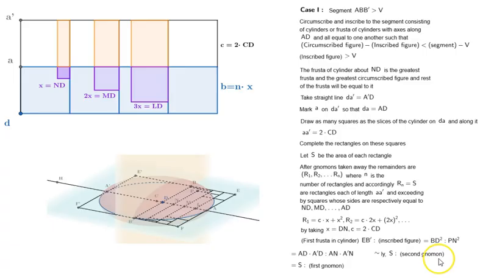Similarly, the second frustum in cylinder EB prime is to the second inscribed figure in the same ratio as S is to the second gnomon, and so on. But remember, there is no gnomon corresponding to the last frustum in EB prime. There is no inscribed figure here.